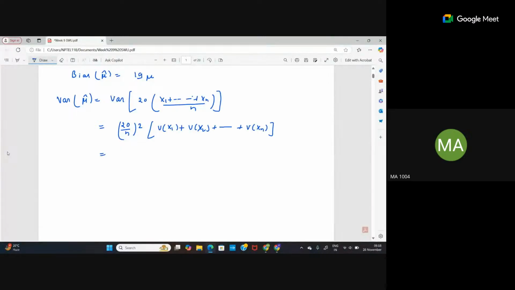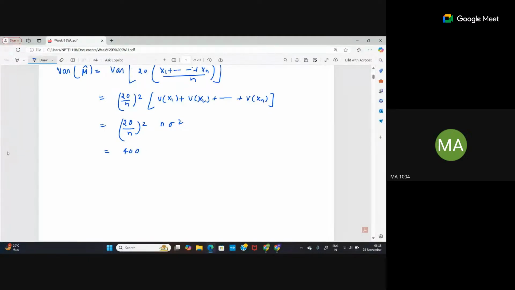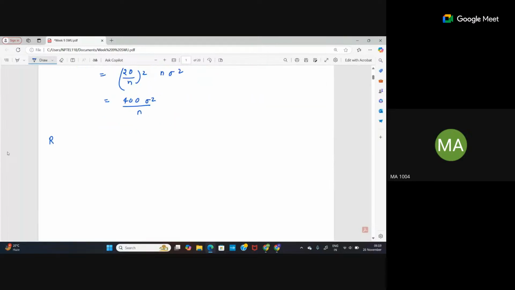Standard deviation is given to us, which is sigma, so variance will be sigma square. We have to add it n times because all are IID random variables, so it will be n sigma square. So it will be 400 sigma square divided by n, right? Now we have to find out the risk. We know risk is equal to the bias square plus variance.